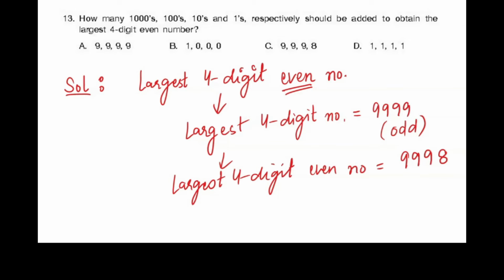Question is asking about thousands, hundreds, tens and ones. 9,998. This is ones, tens, hundreds and thousands. If we just expand it, it will be 9,000s plus 900s plus 90 plus 8, right?